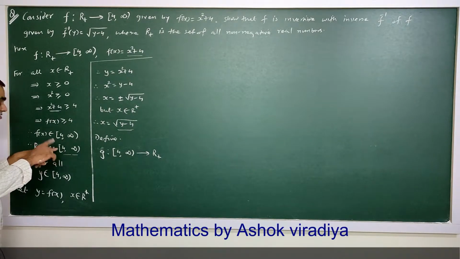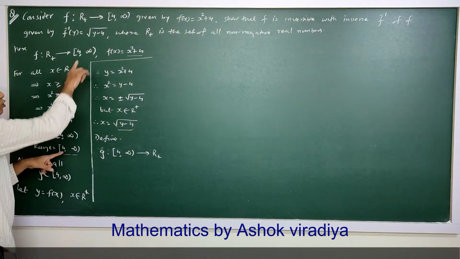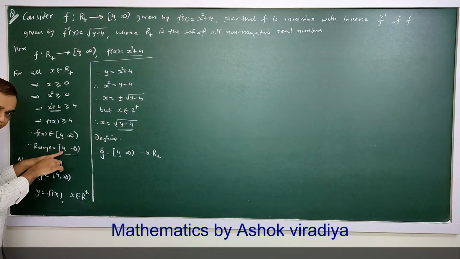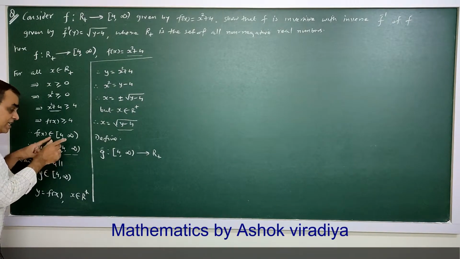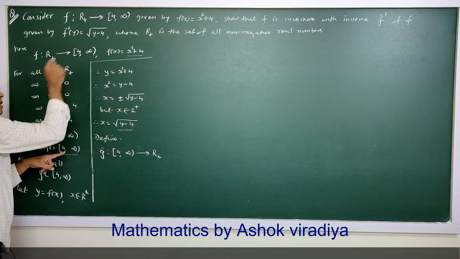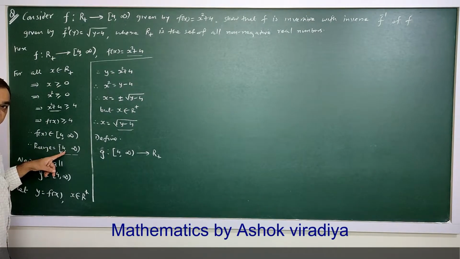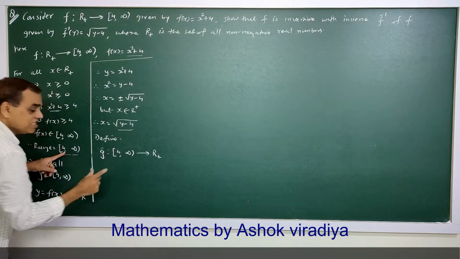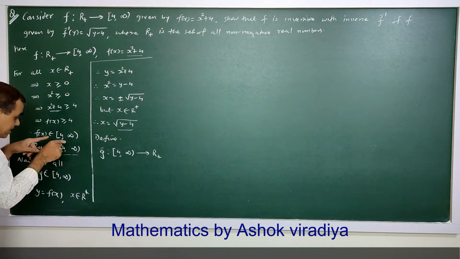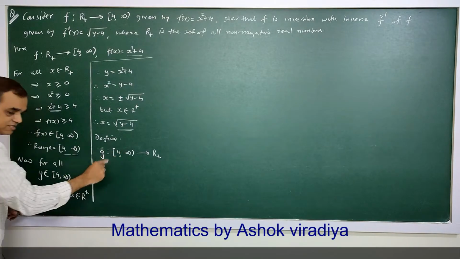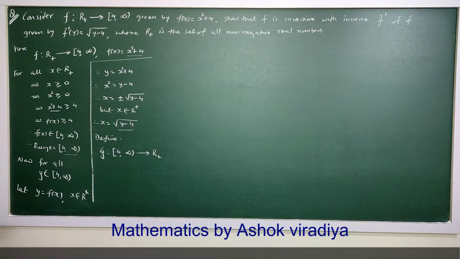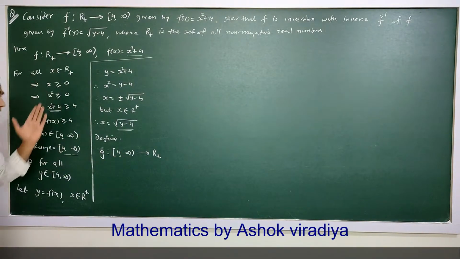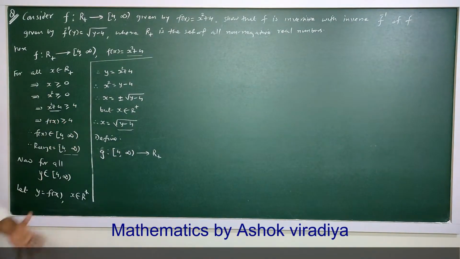If in any question the range and codomain are not the same, in that case the range is a subset of the codomain. In that case, we don't take the codomain as the domain of g, but we take whatever is the range as the domain of g. But because in this question the range and codomain are the same, that's why we are taking the same.